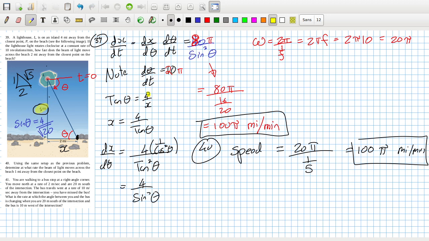But the tan theta, that 4 now has become a 1. So that's a 1. So that's not 80 anymore. And likewise, that's not 16 over 20.